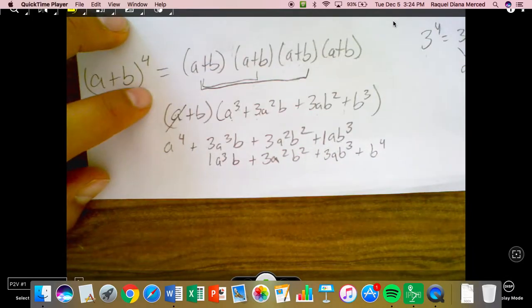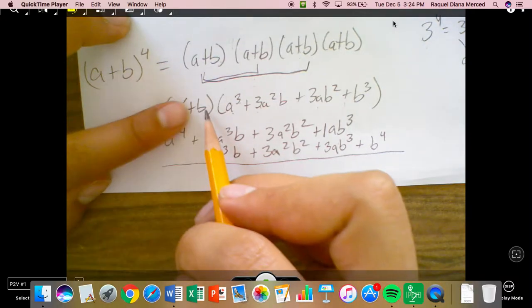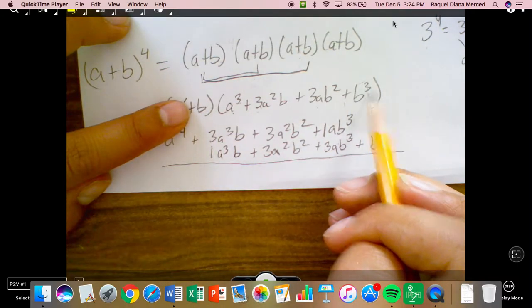So this is using your laws of exponents, and that's how we're building it. That's how the exponents are getting bigger, because we're multiplying the bases that are the same and adding the exponents.